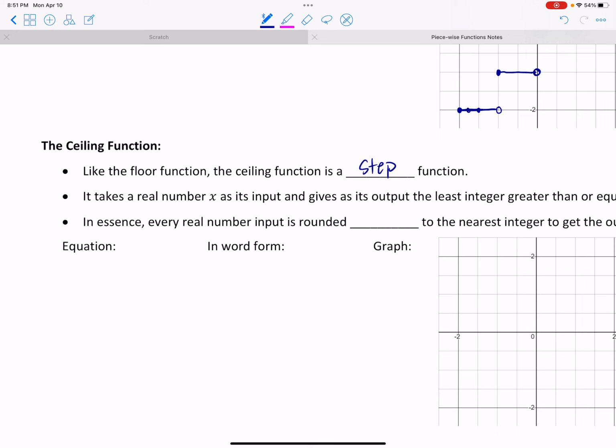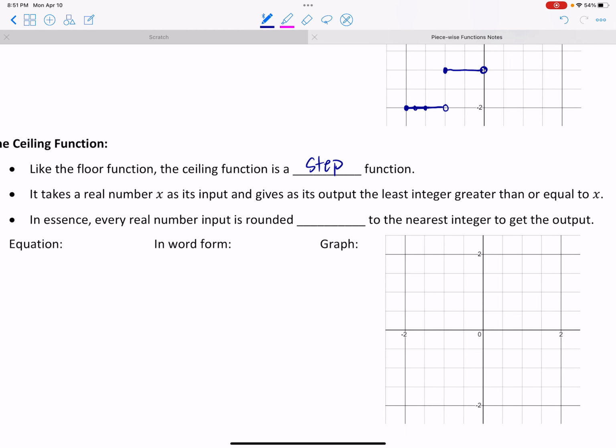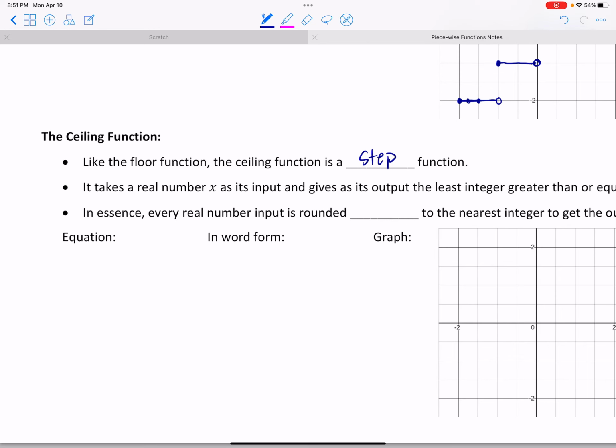It takes any real number x as input, and the output is the least integer greater than or equal to x. In essence, every real number input is rounded up to the least integer that is greater than or equal to that input. And here's our equation.